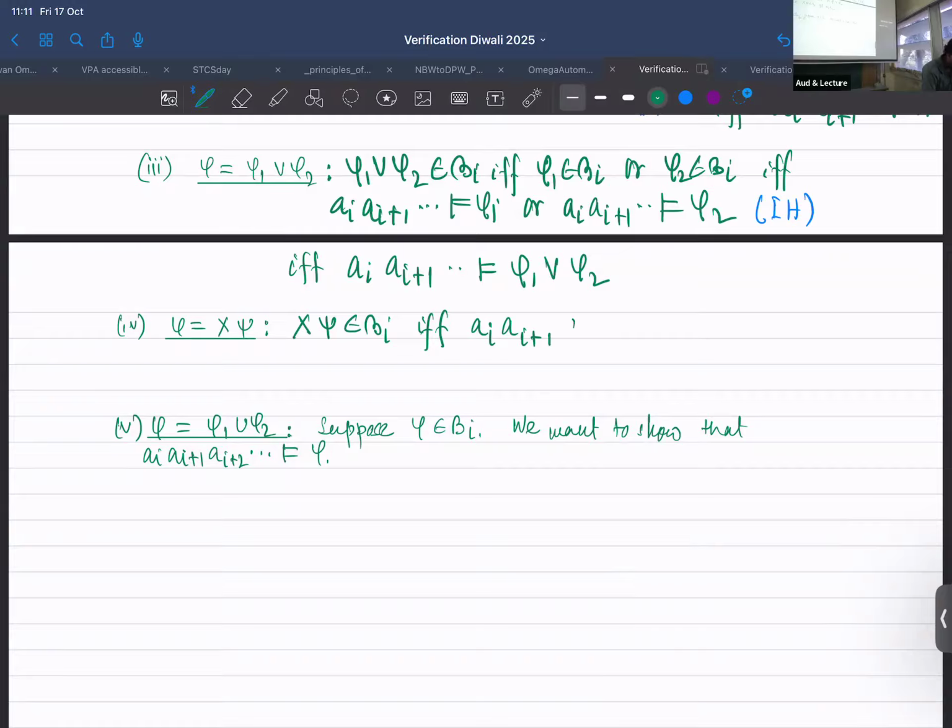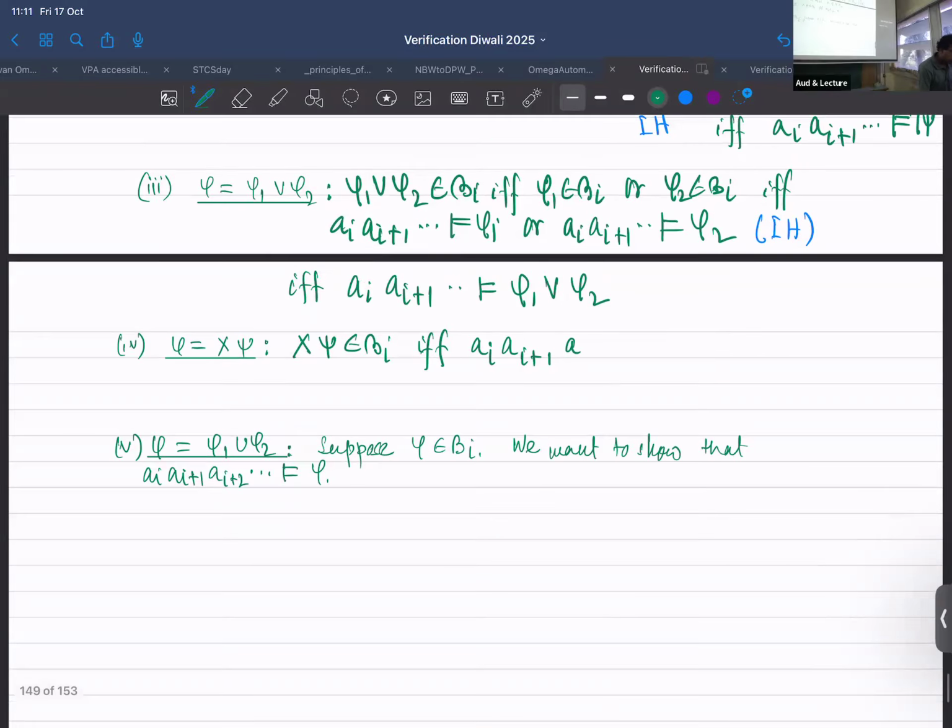That is what we want to prove. So x of psi is in beta I. Okay, sorry, I think you are right.